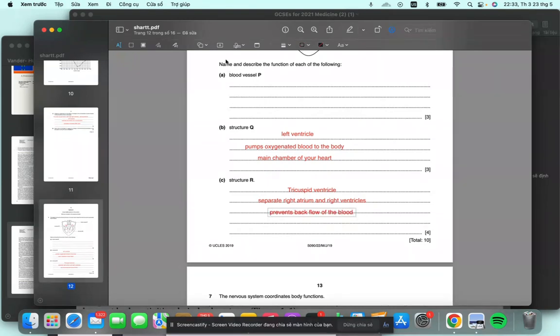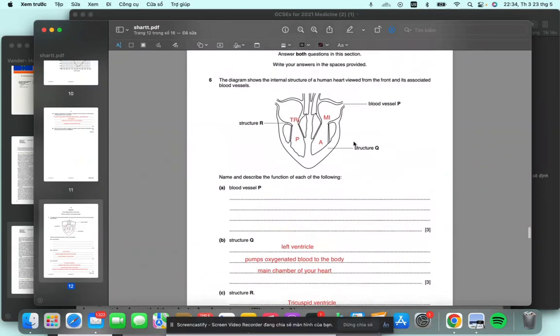It prevents deoxygenated blood and oxygenated blood from mixing together, so it prevents a lot of backflow and mixing.